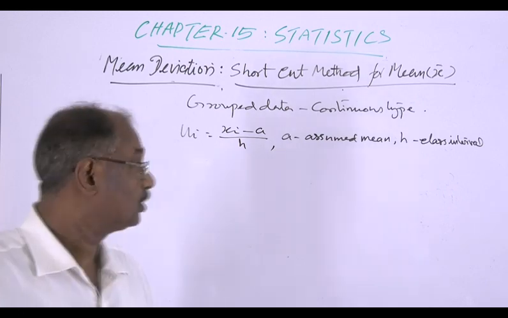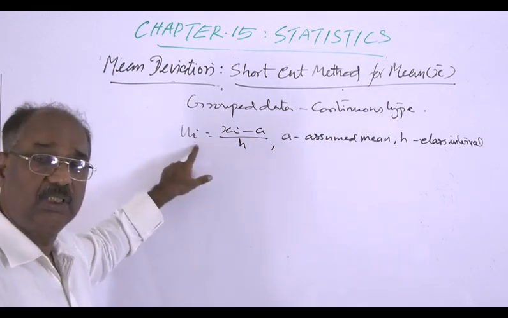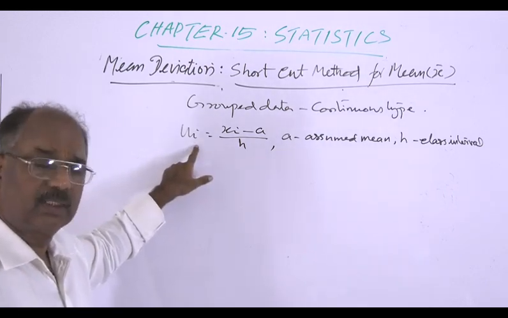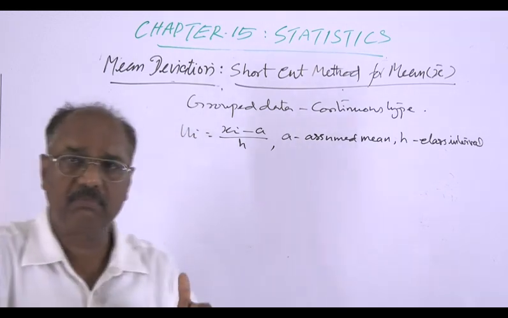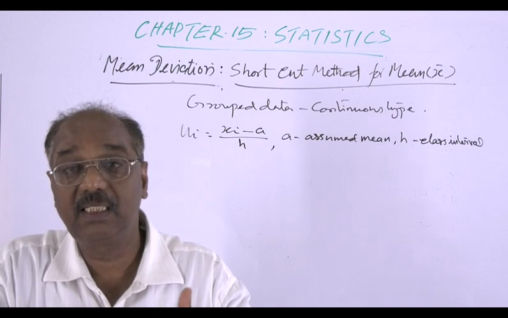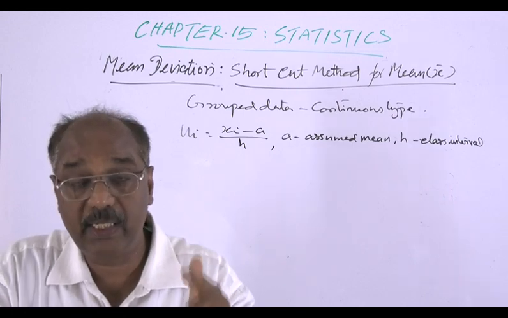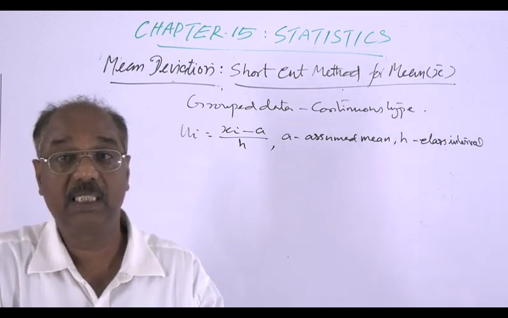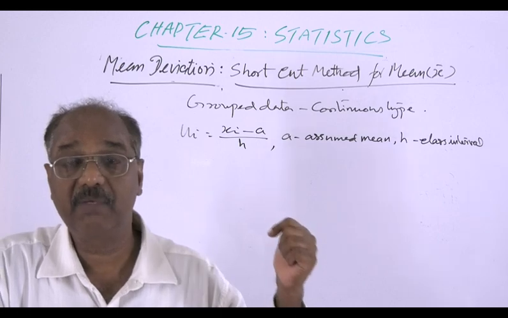But if you reduce this into ui values, which are smaller, we can easily find the mean of the ui values with the same given frequencies.